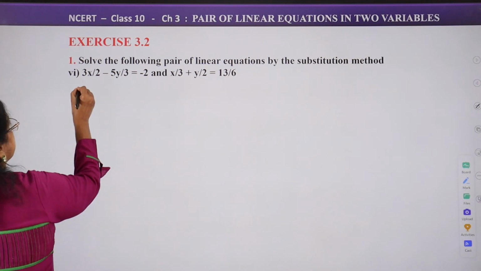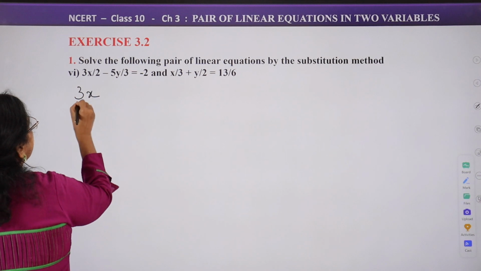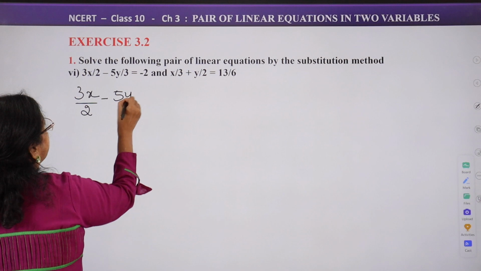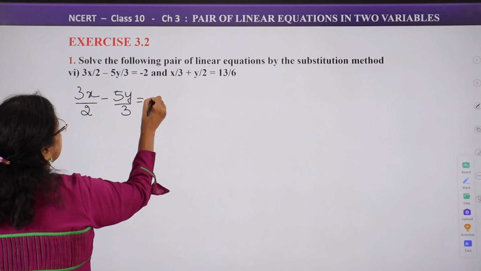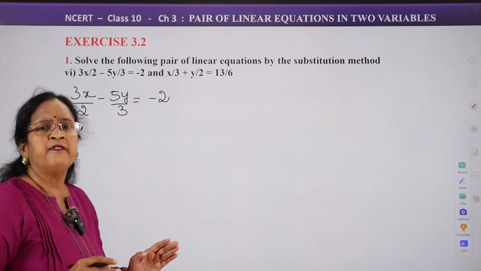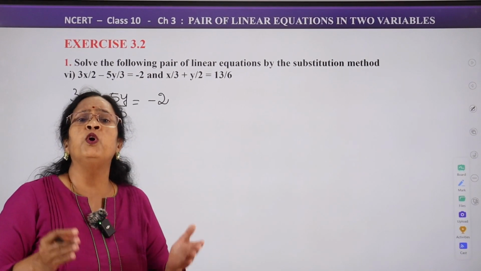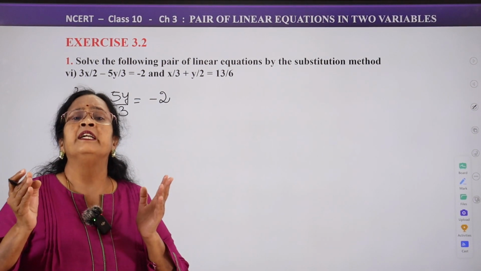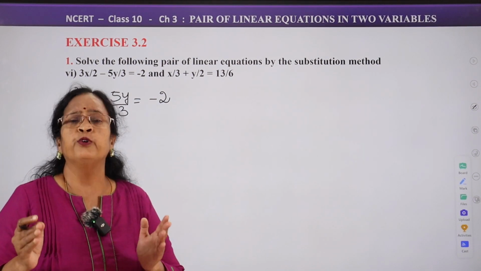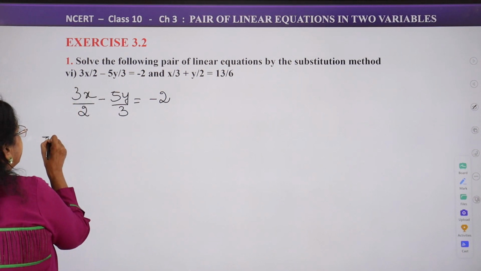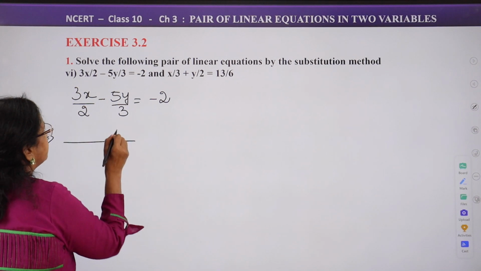Let us write the equations first. 3x by 2 minus 5y by 3 is equal to minus 2. The first thing we should do is to remove the denominator, to make it an integer.